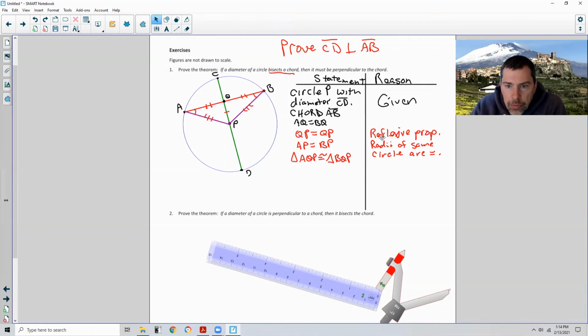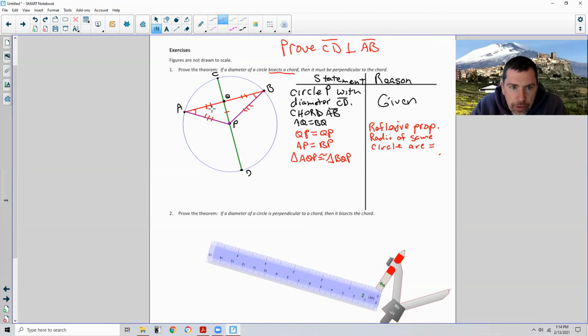And the reason for these two triangles being congruent is S, S, S. Okay, now I can say the measure of angle AQP, which is right here, is going to equal the measure of angle BQP, which is right here.